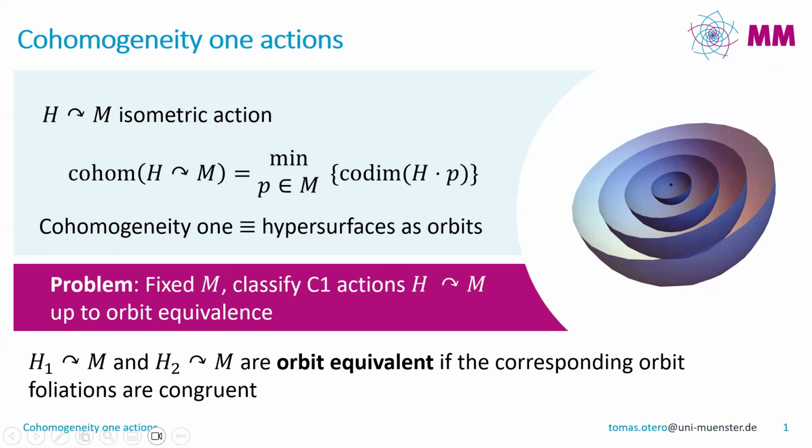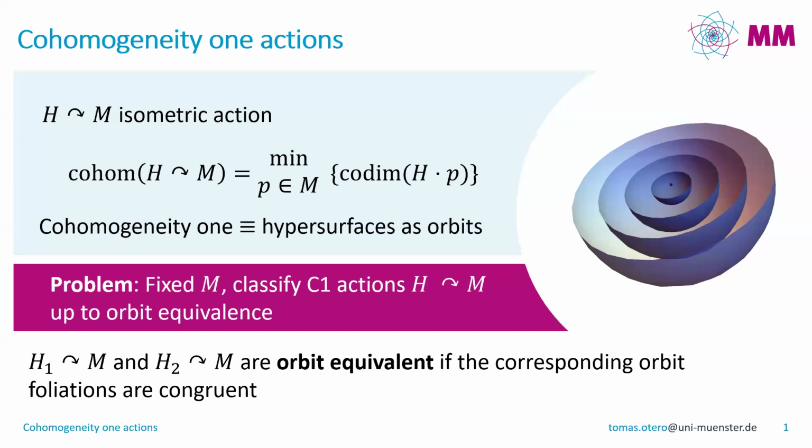And of course, if you want to do this kind of study, you need at least some actions of cohomogeneity one. This, for example, immediately forces the isometry group of your ambient manifold to be big.